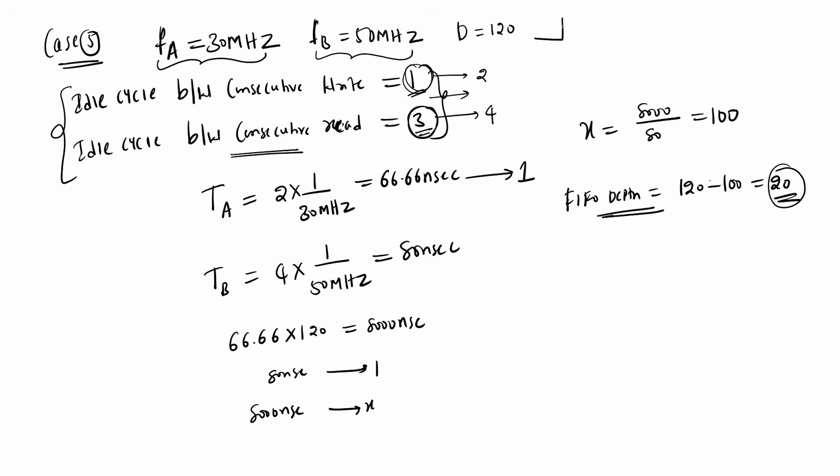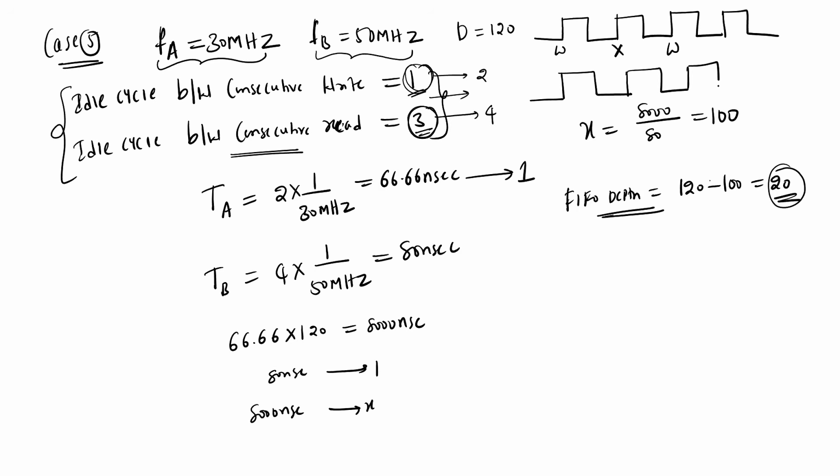Suppose you take this writing cycle here, what is happening? Writing is happening. Next cycle, there is an idle, nothing is happening. And next cycle, again writing is happening. And in the reading, suppose reading is happening here.